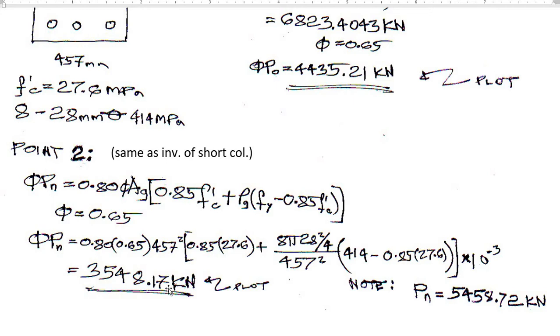Okay, so note that Pn, or this is the nominal axial capacity, is 5,458.72 kilonewton. Okay? Next, we now go to point 3.